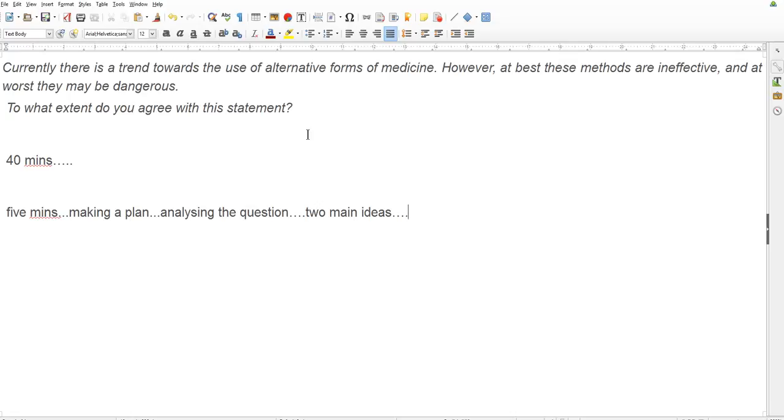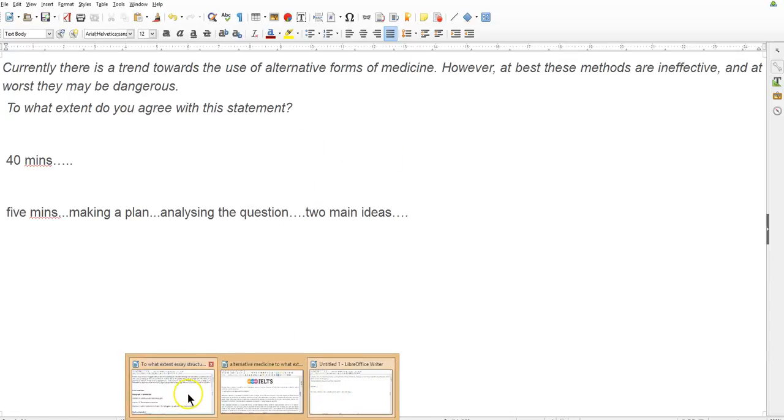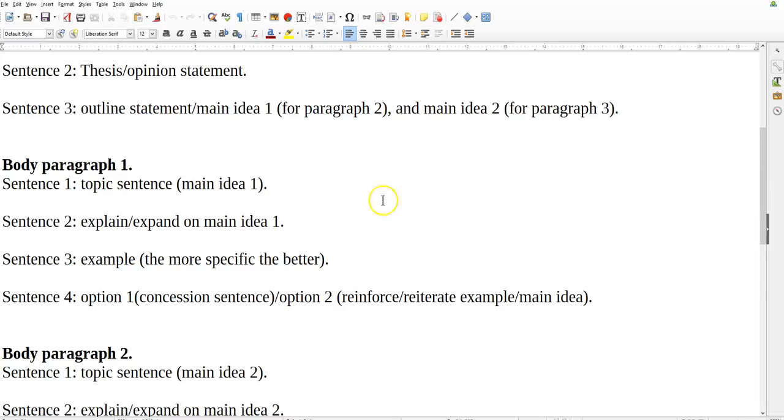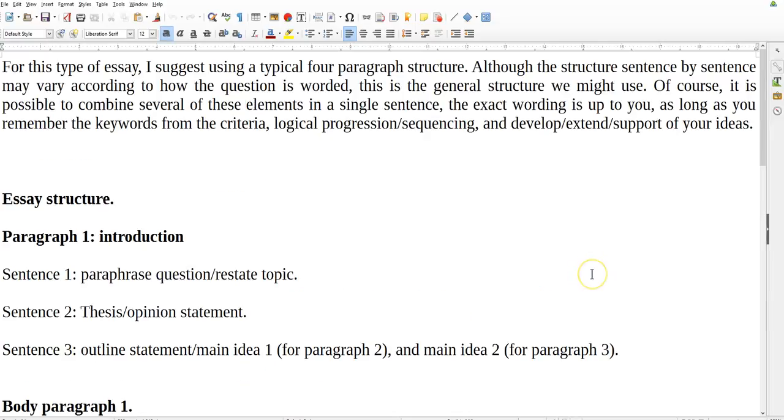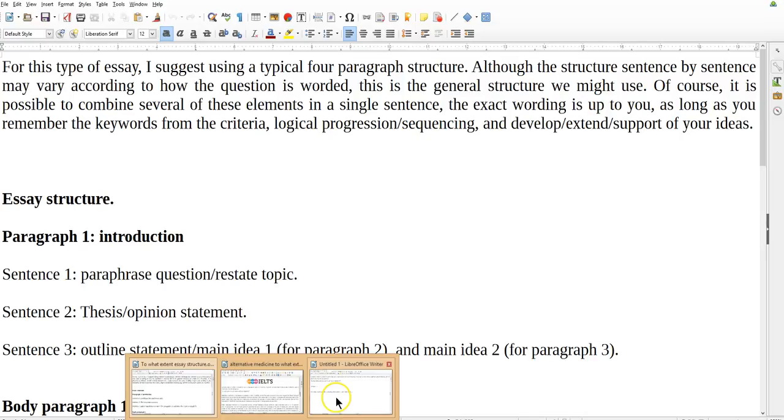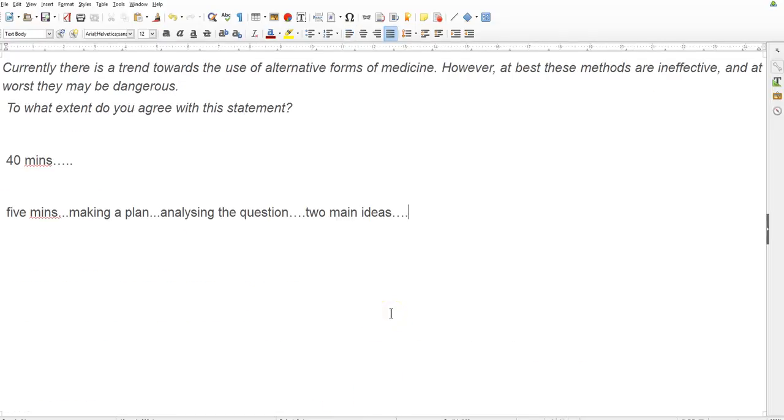And that's it. If you look at the structure again, main idea 1, main idea 2. So all that you're basically doing is saying I agree and 2 reasons why, this and this.